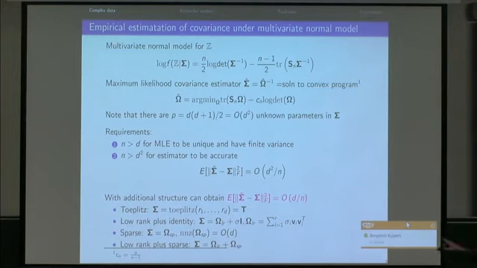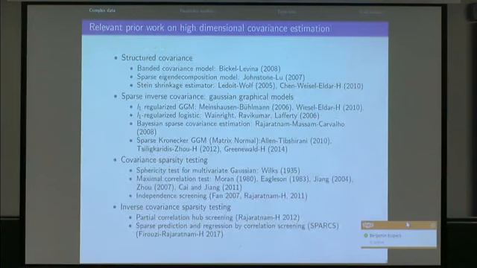That gives you a threshold phenomenon which is much more desirable, where you only need on the order of d measurements as opposed to d squared in order to be able to control the accuracy.